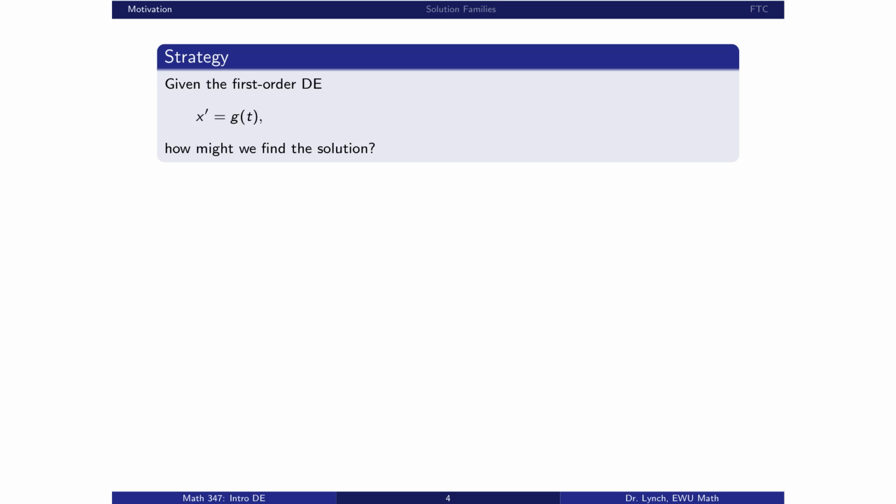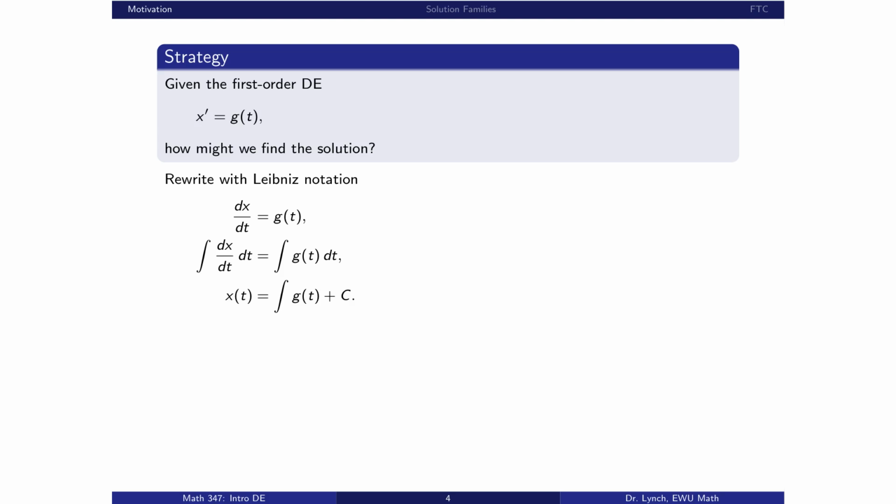And you can see that more clearly by having a look at this differential equation in Leibniz notation. So if we rewrite the differential equation with Leibniz notation, dx dt equals g of t, and think about integrating both sides with respect to t, then we see that the solution, x, is the general antiderivative of g. Okay, the indefinite integral of g.